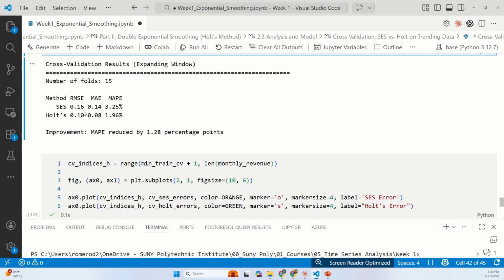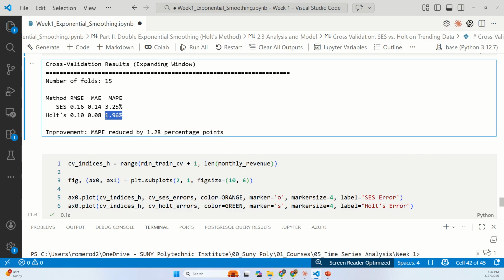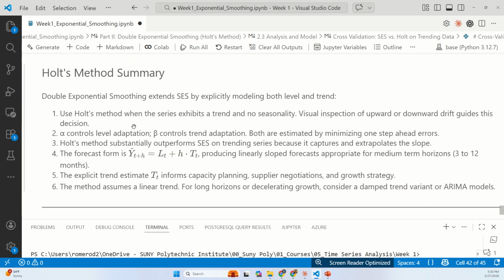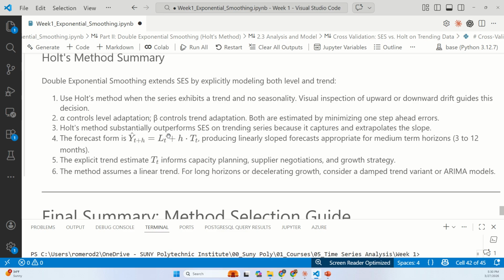Here you get the results of the cross-validation for the whole method, and the MAPE is small, it's 1.96%. So it's good. In general, it's better to use the expanding window as opposed to the traditional cross-validation method.